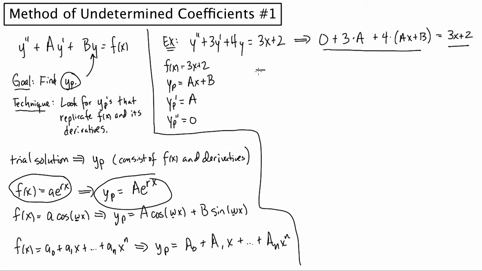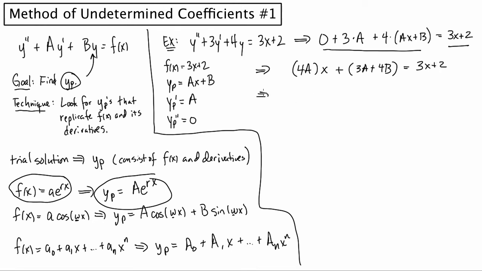We did something similar to this when we did partial fractions back in Calculus 2. So for example, if I look at everything that has an x variable with it, then I'm just looking at 4a as the coefficient of x. And then if I look at the constant terms, I get a 3a from here and a 4b from here. So the constant term is 3a plus 4b. And altogether, that equals 3x plus 2.